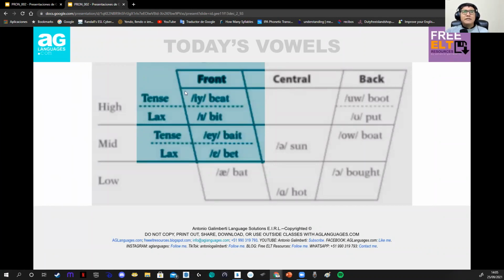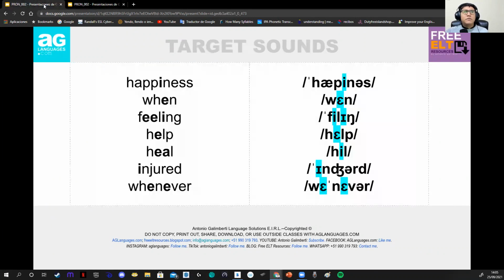It is a tense front high vowel. Then you have the mid lax vowel, like when. Then feeling. Help. Heal. Injured. And one more time, whenever.